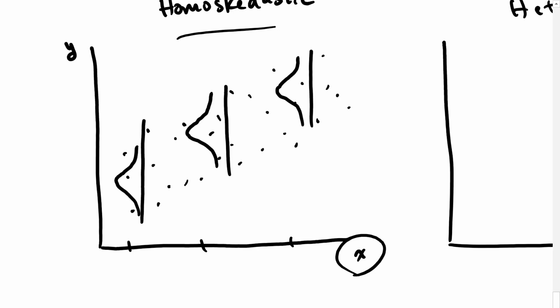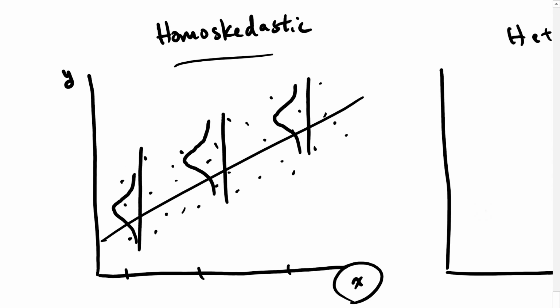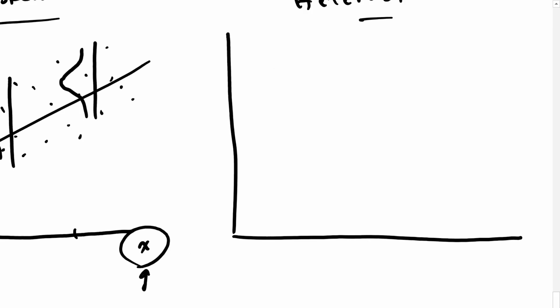You can still have your regression line going through there like that, but the variance of the data is the same no matter the value of x.